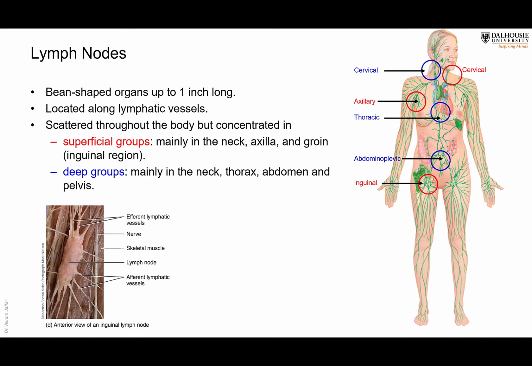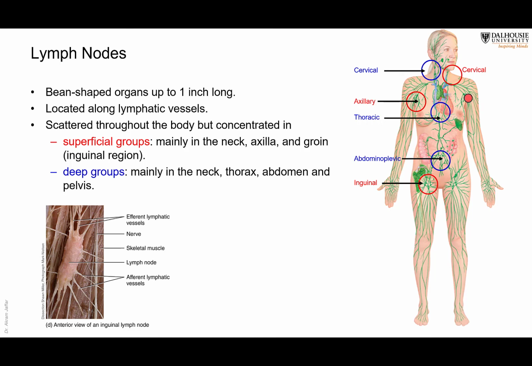So that's why they filter the lymph. So for example, let's say here there's a pinprick infection or any infection in a small wound on your finger, then the infecting organisms will pass through the lymph. They gain access into the lymph because they are large size, and they will pass up until they reach the first group of filters.